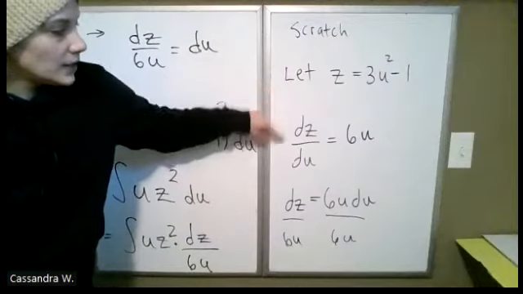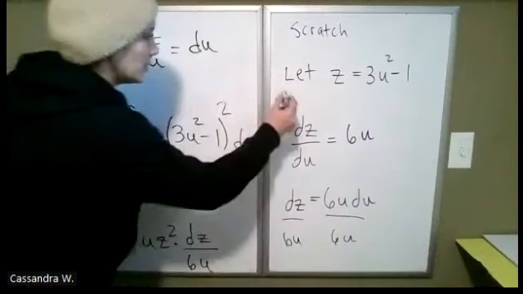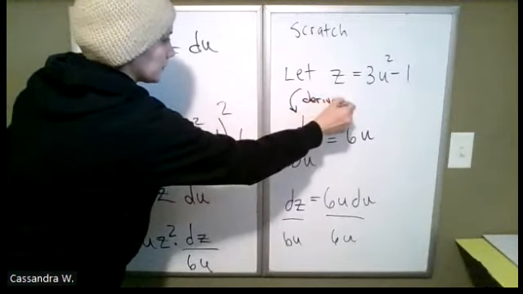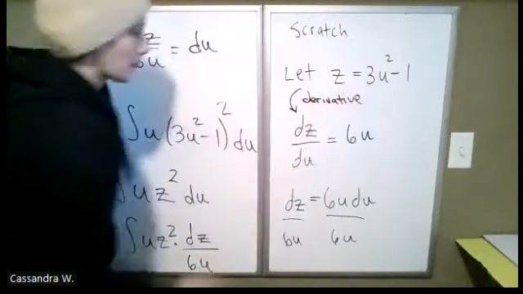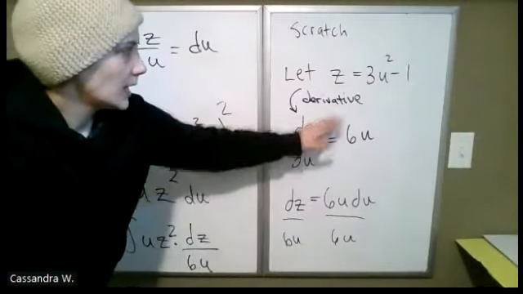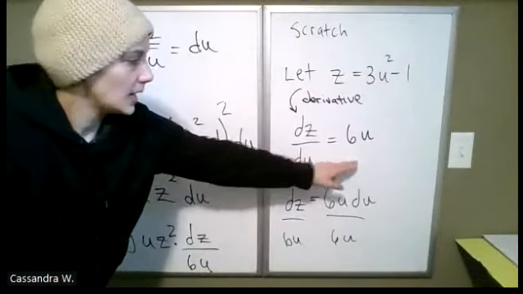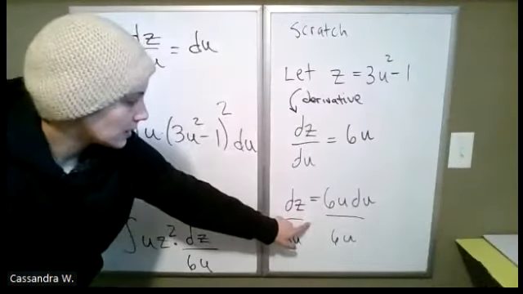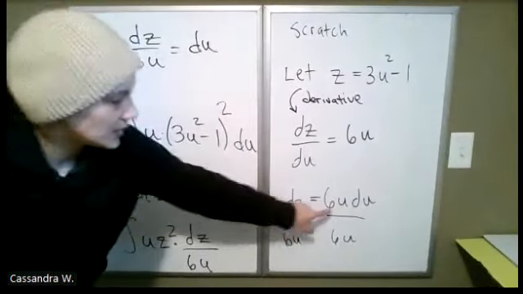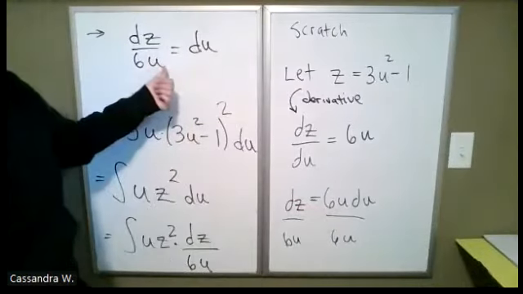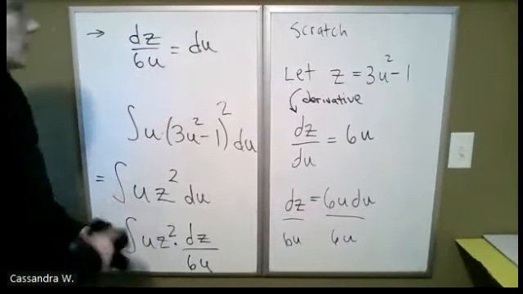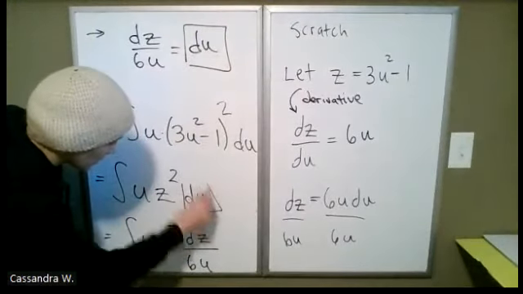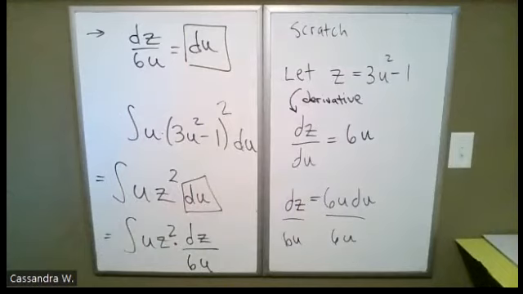So from here to here, derivative. And on this side, you get your 6u. And then I multiplied both sides by du to get to here. Then I divided both sides by this 6u to get to there. And then we just took this du right here and put it in right there.